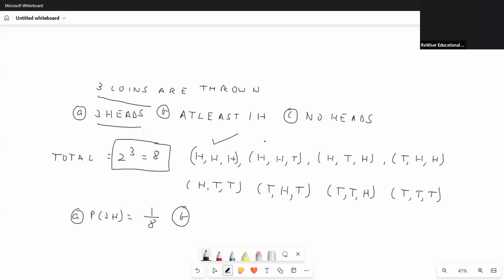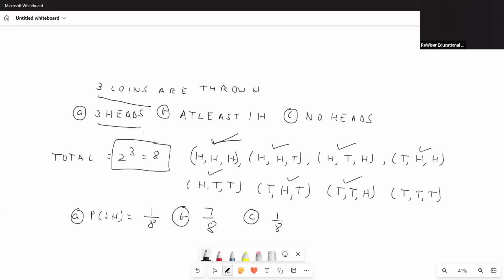That means it can be 1 head, 2 heads, or 3 heads. So we have 7 such favorable outcomes, and it should be 7 by 8. No heads means all tails, so that can be 1 by 8. These are the types of questions asked on sample space. Please note this down. It's very, very vital.